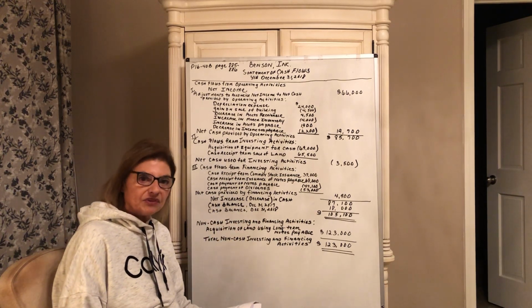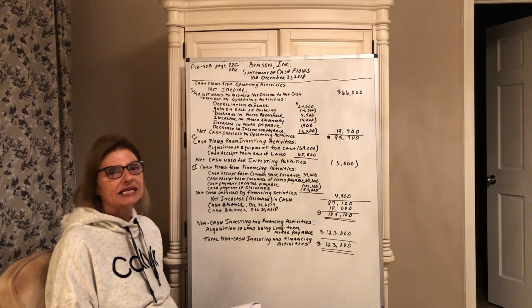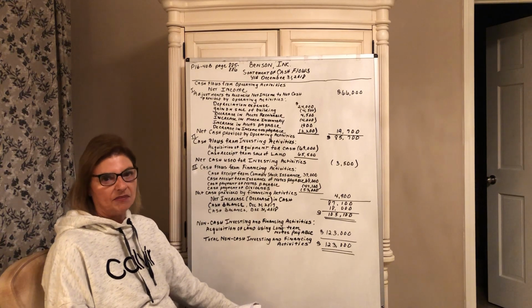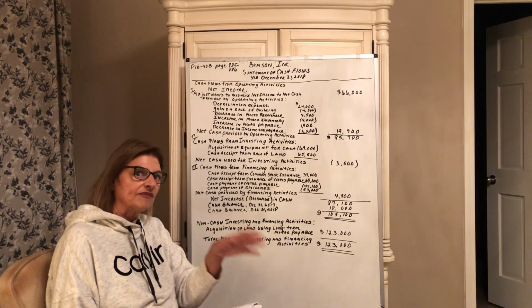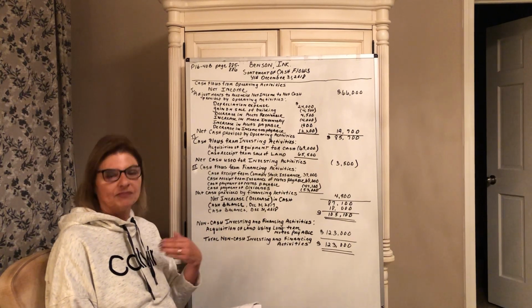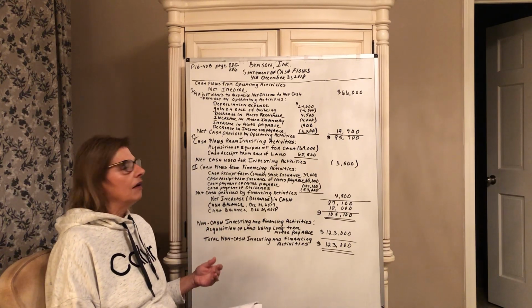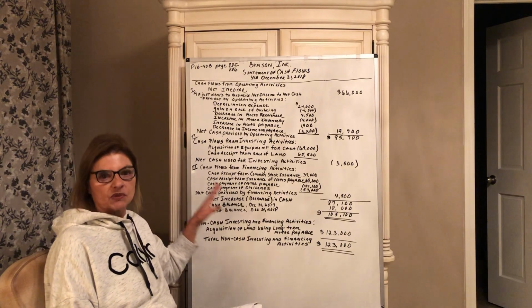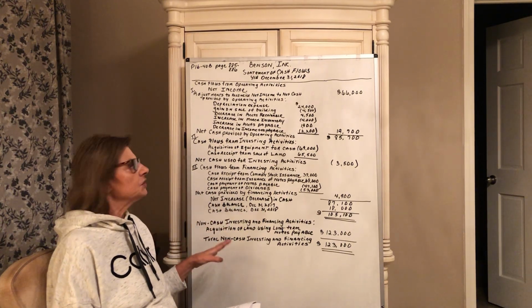There's nothing wrong with the direct method. It's actually been delegated to the appendix now, so that means we don't have to be responsible for it. When I learned this, I had to learn it by both methods. But this is the most popular, so that's the one we're doing.